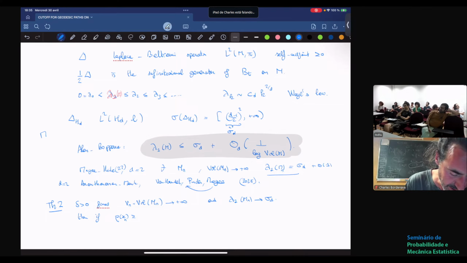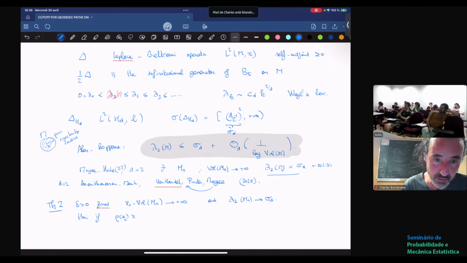There is something called the injectivity radius, which is the largest radius in your manifold such that the ball around x of radius rho of x is isometric to the hyperbolic plane.